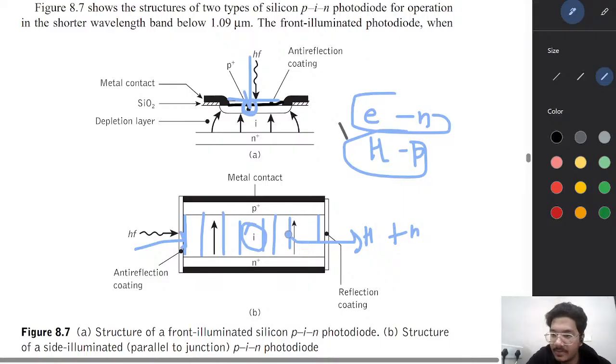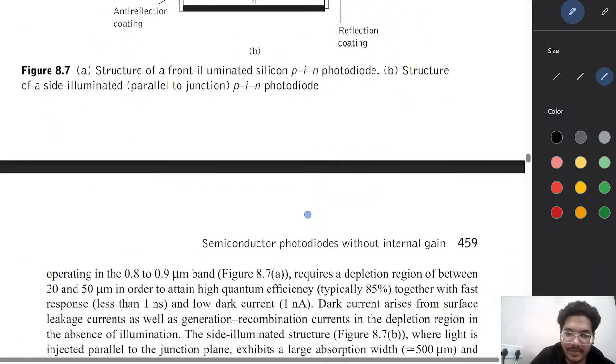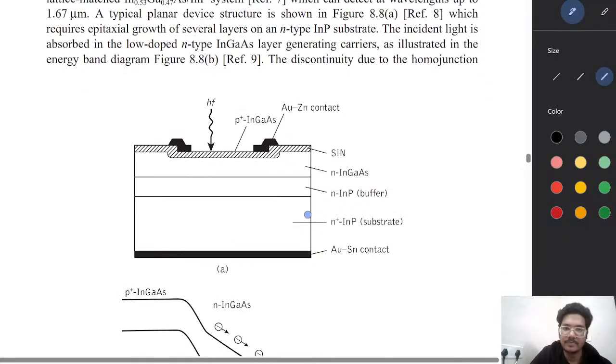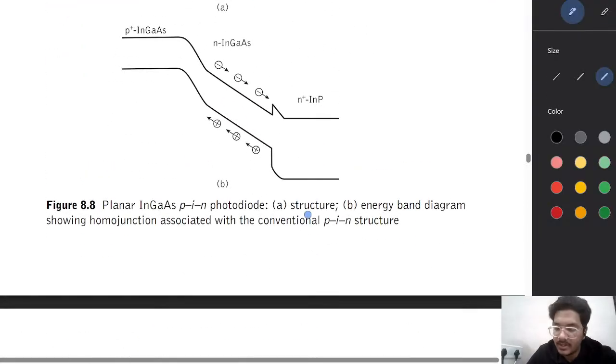We have to see the silicon pin photodiode for the shorter wavelength.